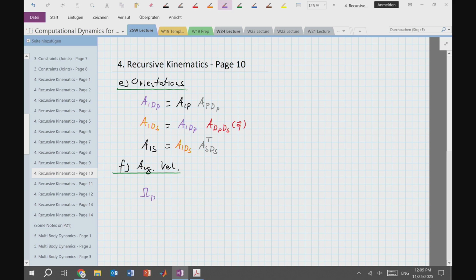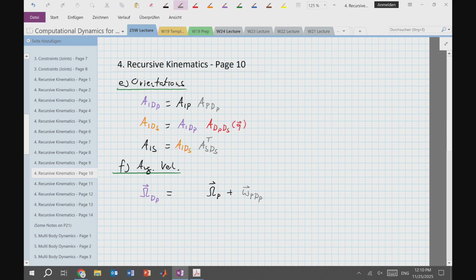Again, I don't want to go through the derivatives of transformation matrices, which may not get me to the result that I want here, but instead I want to think about this again as adding relative or adding angular velocities. So omega dp is the angular velocity of the predecessor plus the relative velocity, I'll write this as omega p dp.